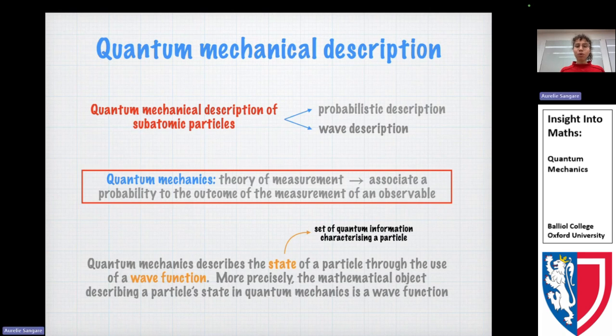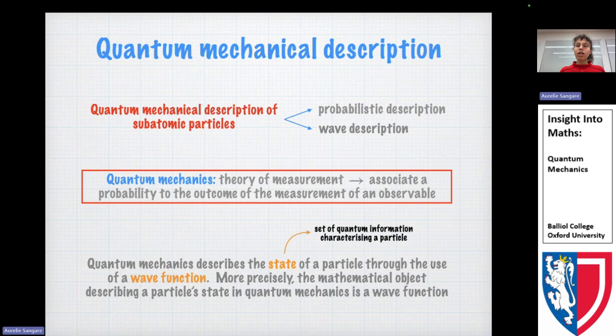And a very important concept of quantum mechanics is that it's really a theory of measurement. So you measure observables, and here by observable, I mean a physical quantity that you can measure, for example, energy, momentum, or position.